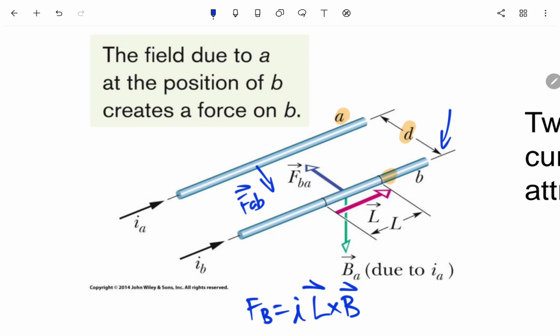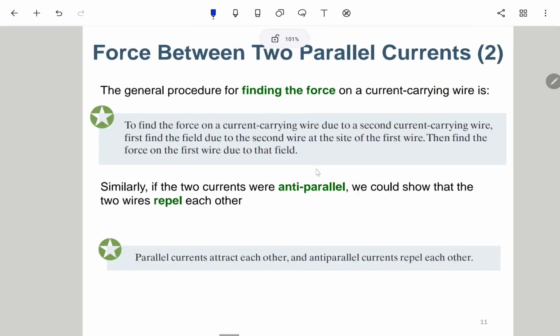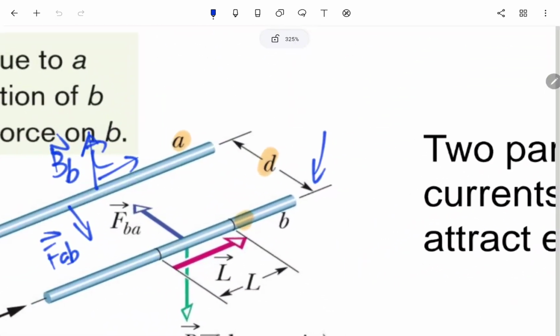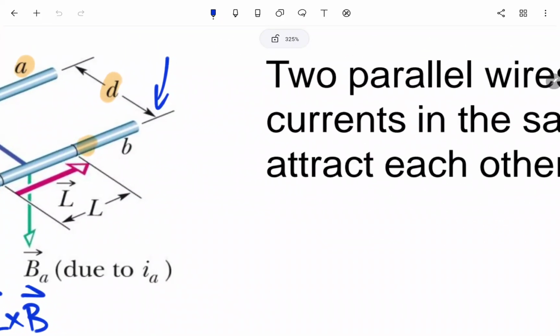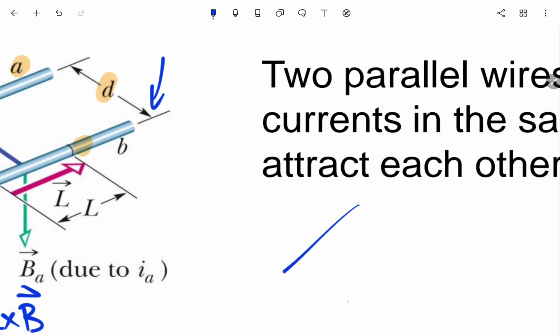Because L is like this and B is like that, L cross B will be pointing opposite to F_BA. So we can see that they are actually attracting each other.